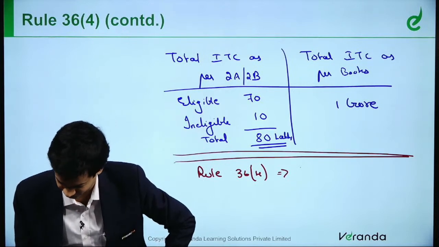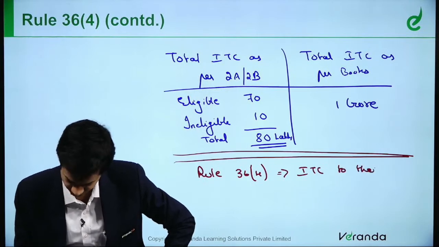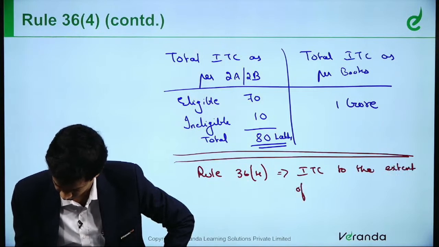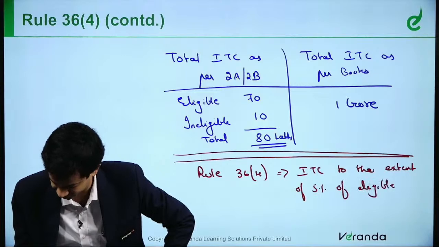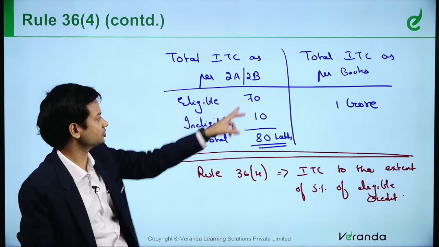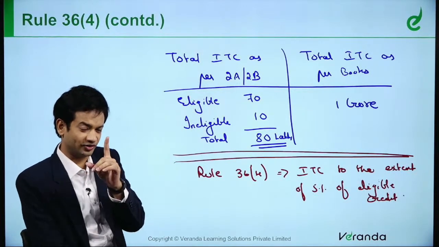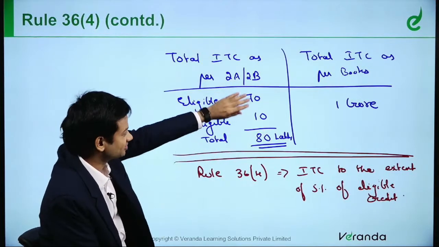So ITC extent of 5% of eligible credit. So eligible credit is only 70 lakhs, not 80 lakhs. So that's a catch here. Please be careful when they test a question in exam. Don't take the total credit as per 2A, 2B, eligible credit only. So 70 lakhs.